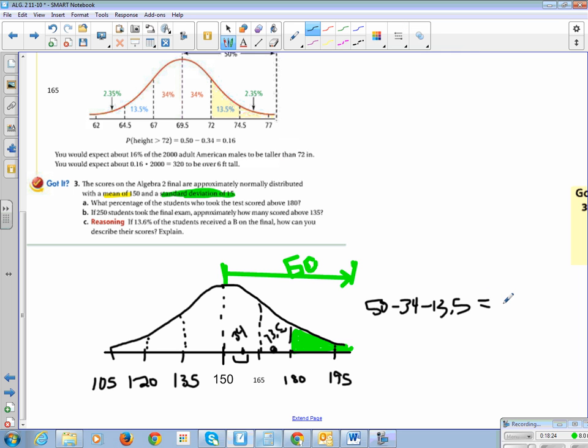And when I do the math on that, I get 2.5%.